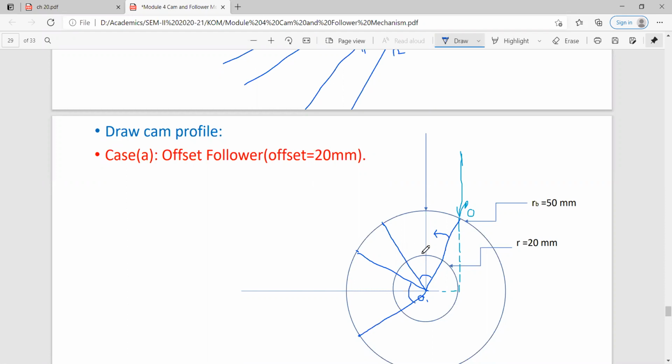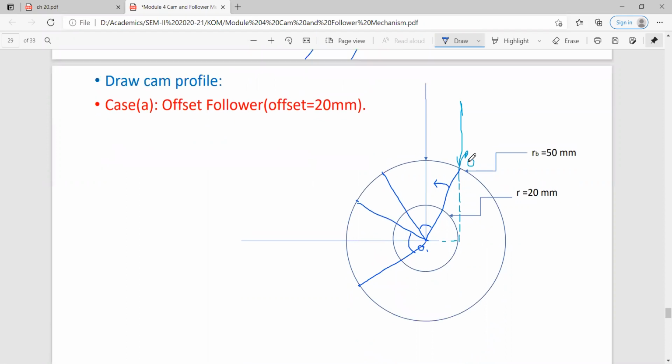Now next, same construction you have to do, that you have to divide the angle of rise theta 0 into 6 equal parts. So as it is 60 degree, each part will be 10 degree, right? 30, 40, 50.